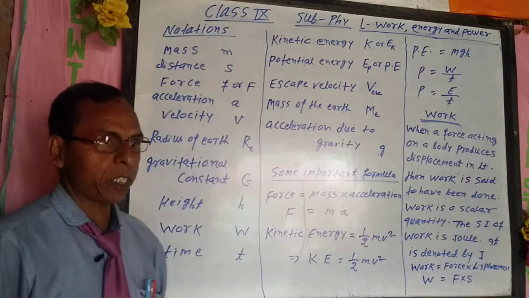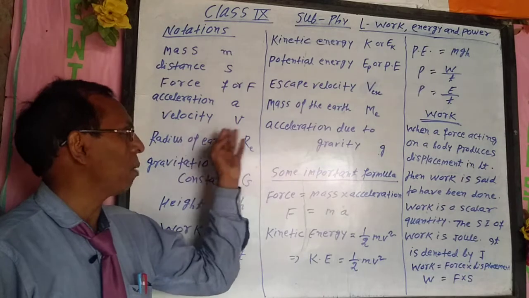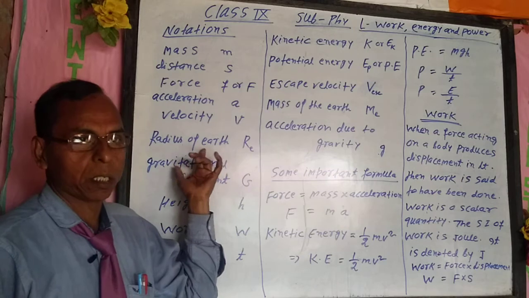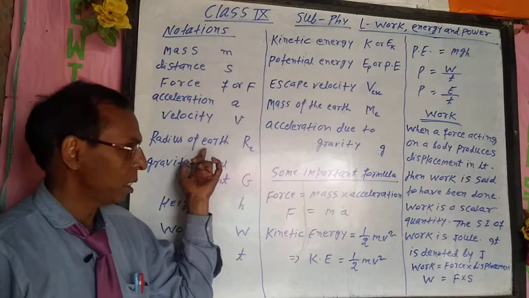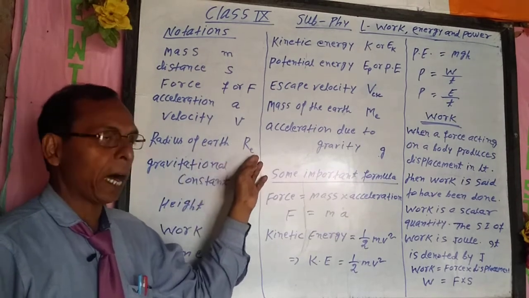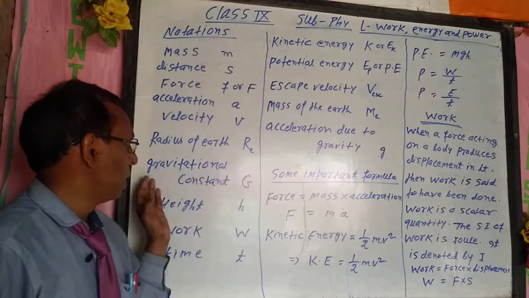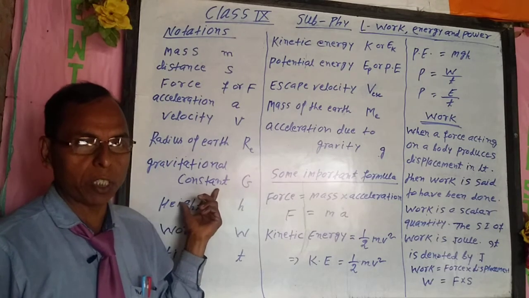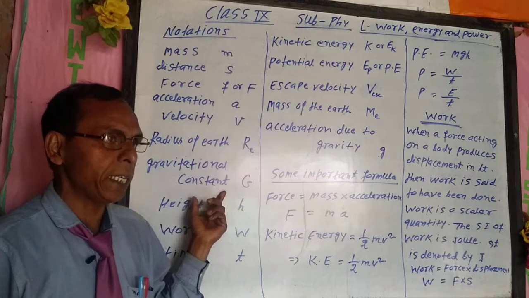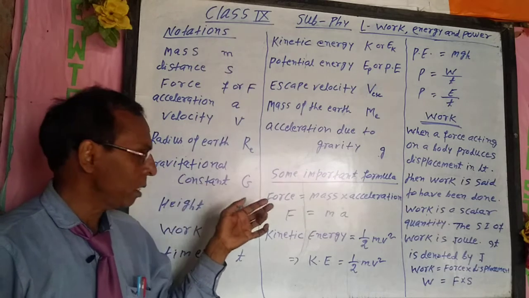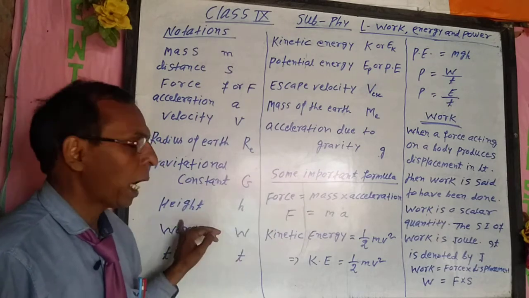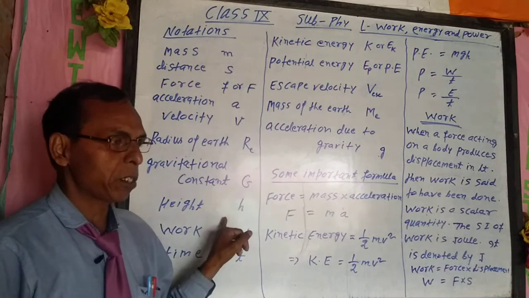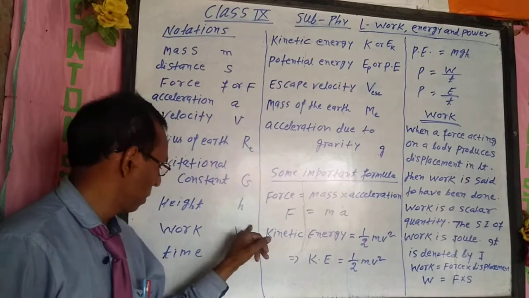Velocity is denoted by v. Radius of earth is denoted by re. Gravitational constant is denoted by the capital letter G. Height is denoted by a small letter h.